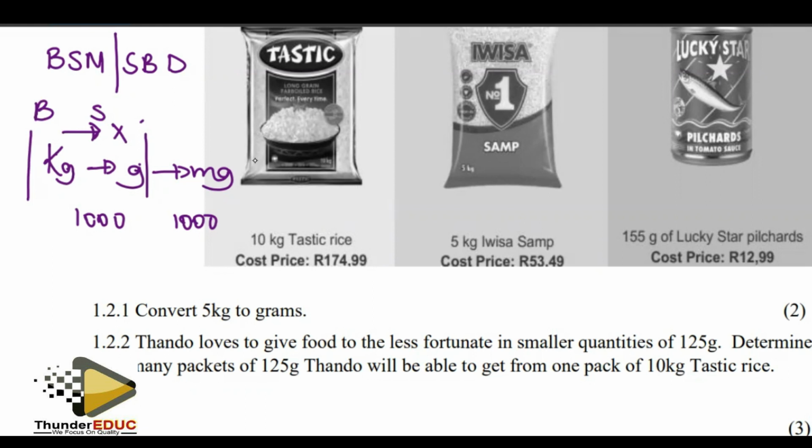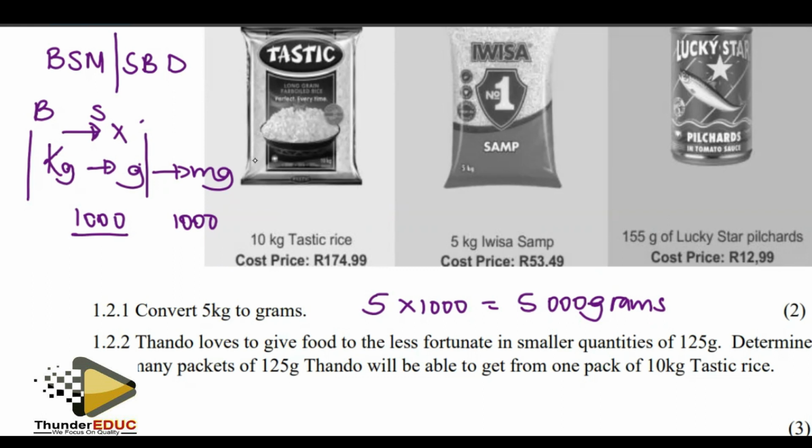So we need to multiply by what? By 1,000. So you take that, multiply by 1,000, and the answer became 5,000 grams. You may not write the word grams, but you write the G. 1.2.2, Tando loves to give food to the less fortunate in small quantities of 125 grams.